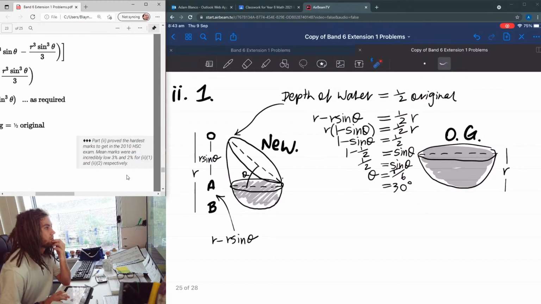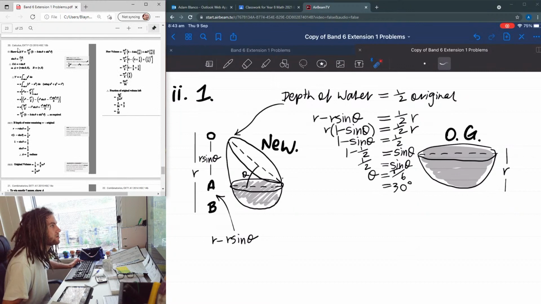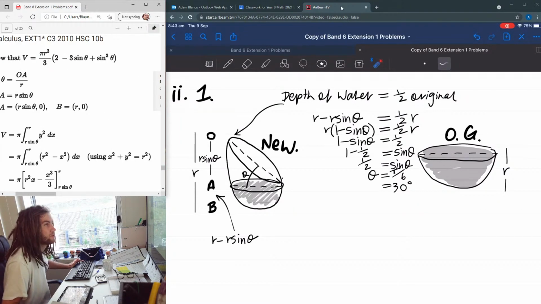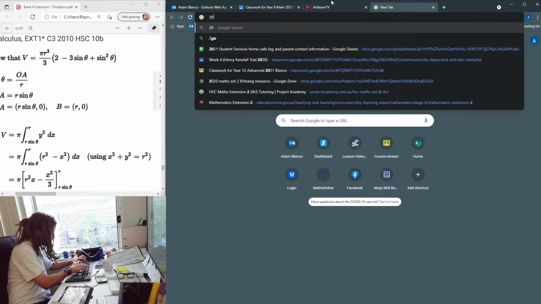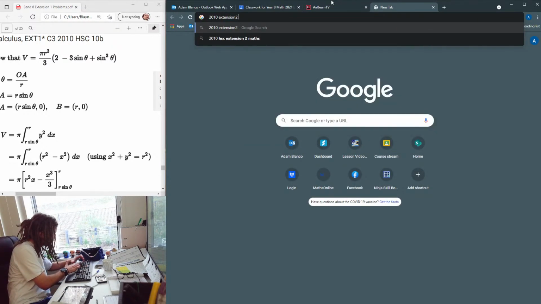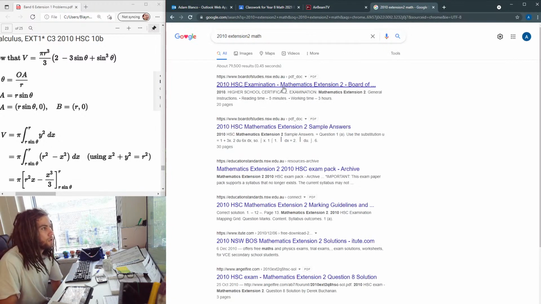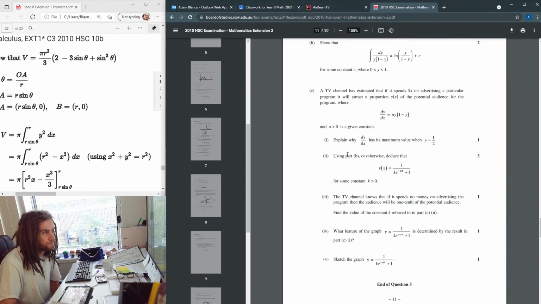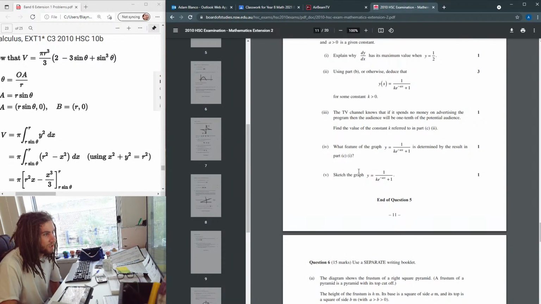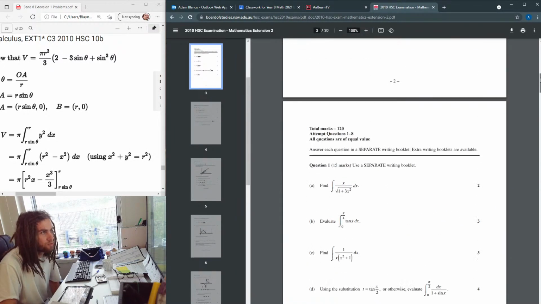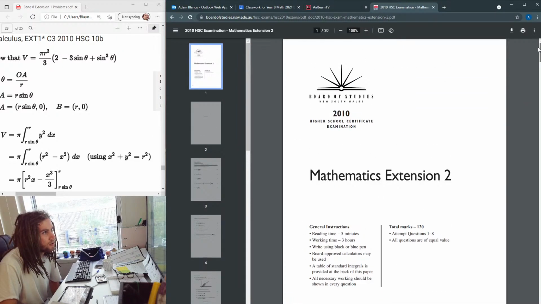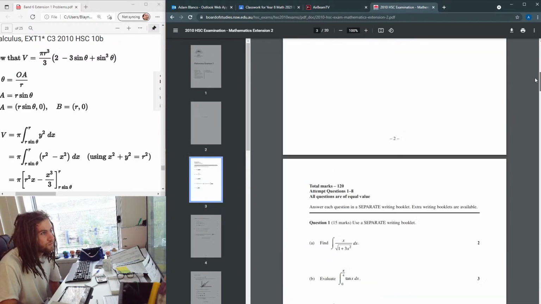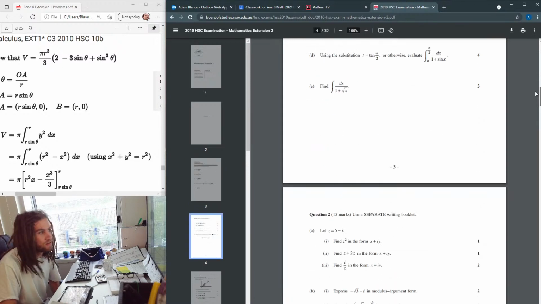But it was extension. It doesn't say what exam it was in. I'm pretty sure that dash means it's in extension 2. 2010 extension 2 maths, question 10b. That's 5. Oh, what? Did they not have multiple choice back then? Hey, look at that. These never used to have multiple choice.